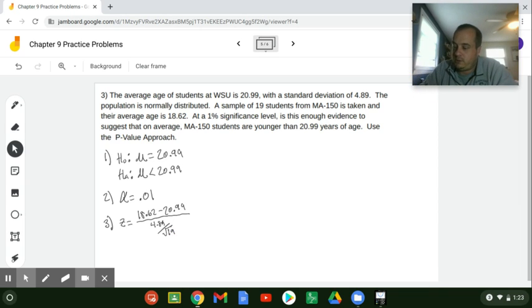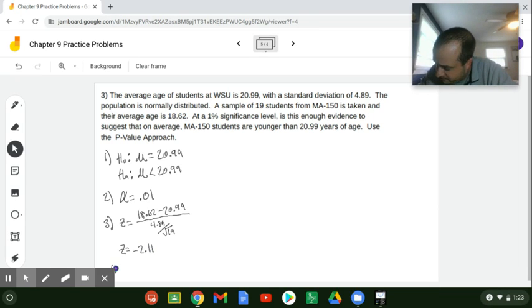All right, so if I do this out in the calculator, I will get about a z-score here equal to about negative 2.11.